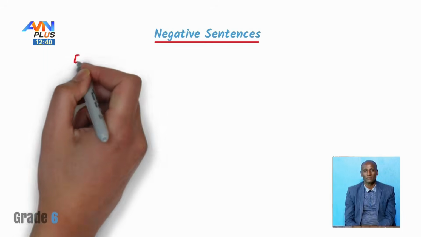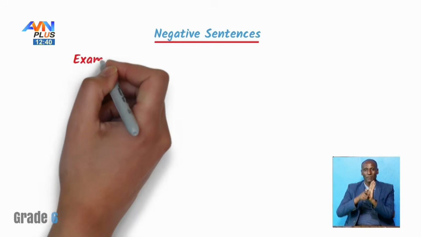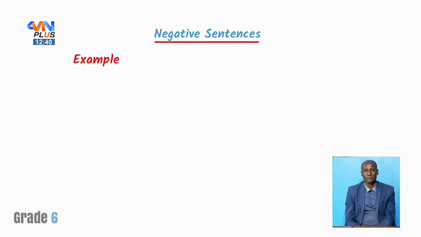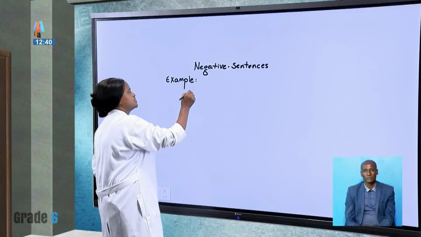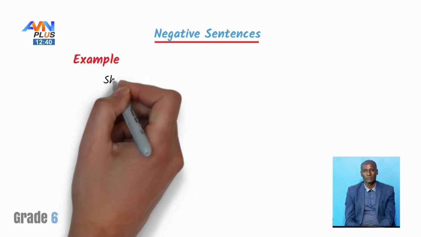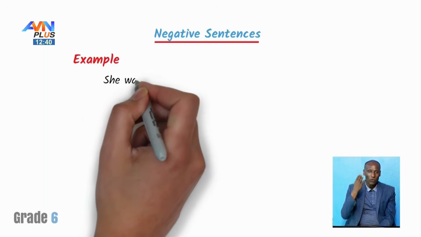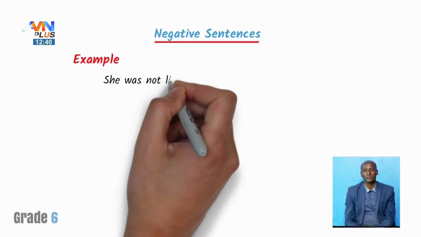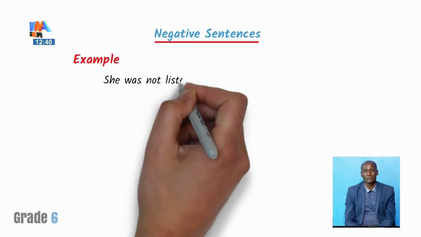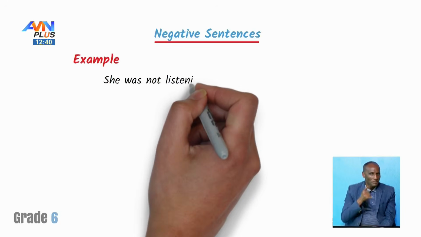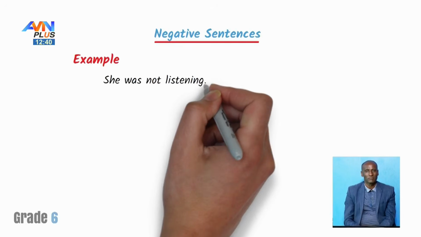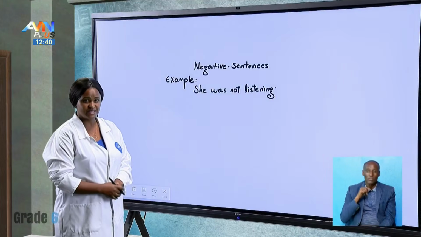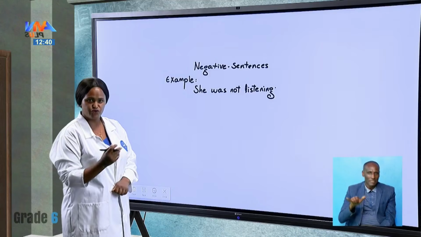Okay. Example. You can say, she was not listening. She was not listening. Look at this sentence. Let me give you one more.